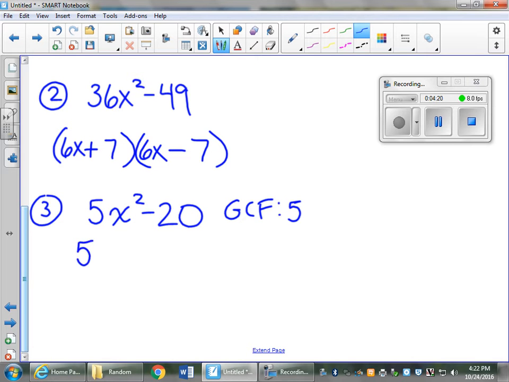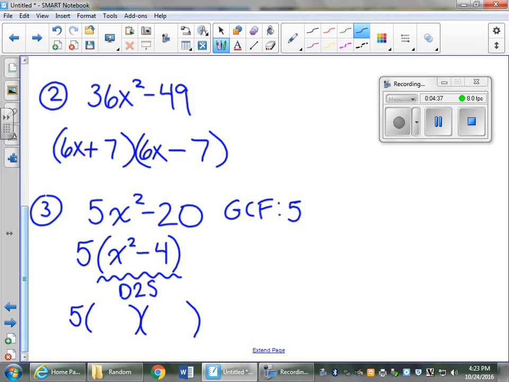So if we factor out a 5, dividing both terms by 5, that leaves you with x squared minus 4. The x squared minus 4 part is a difference of two perfect squares. I'm going to bring down my GCF of 5 and set up my two binomial factors and square root each term to get x, 2, 2, 1 plus, 1 minus.